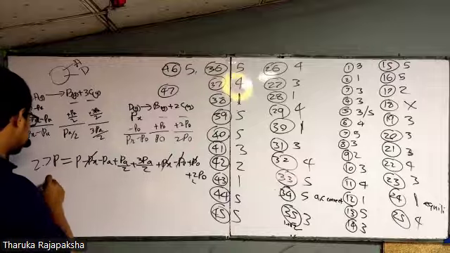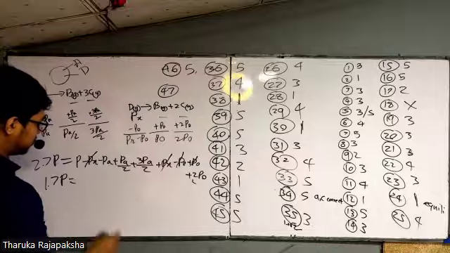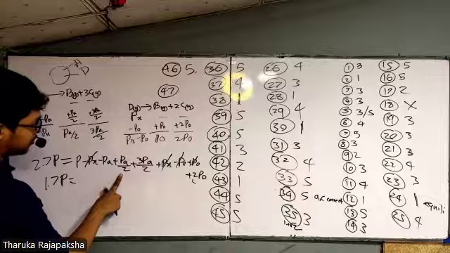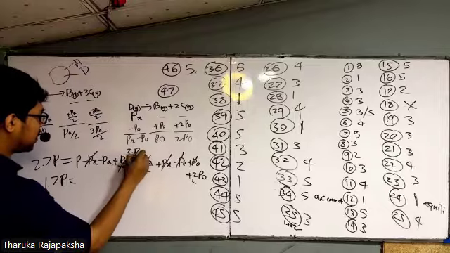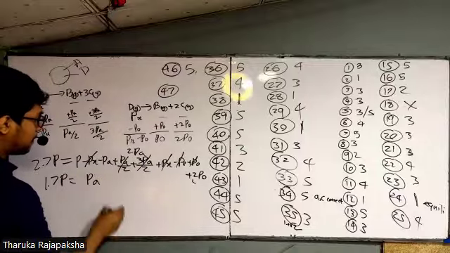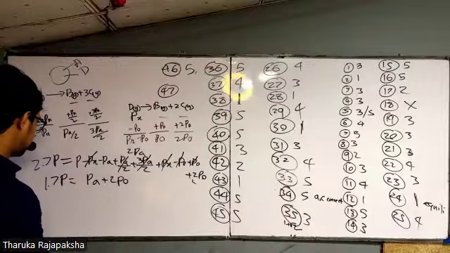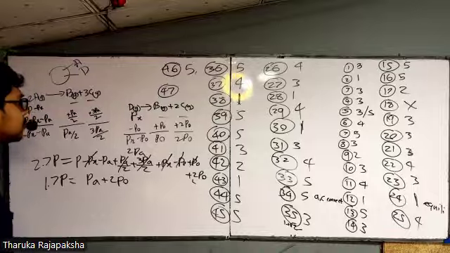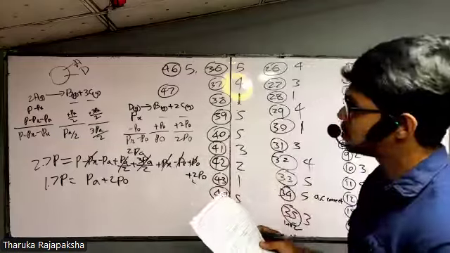This P will go to the other side, so 1.7P will be equal to 3 and 4 over 2, then 2PA, then PA, so PA plus 2P naught.